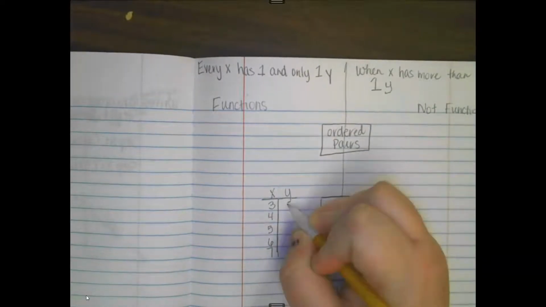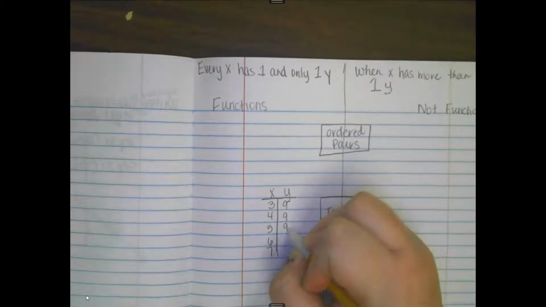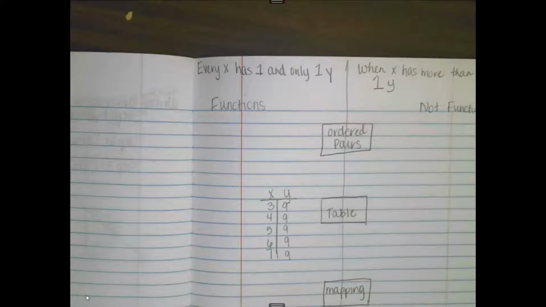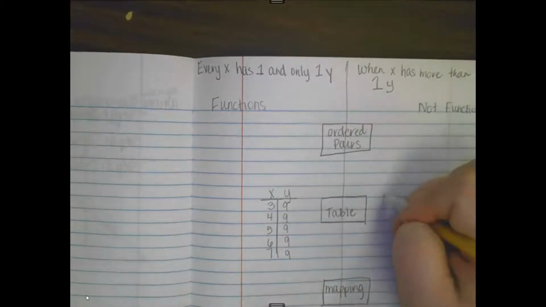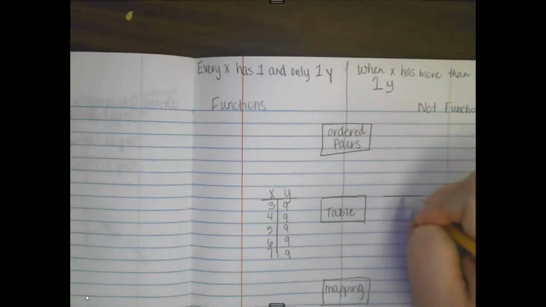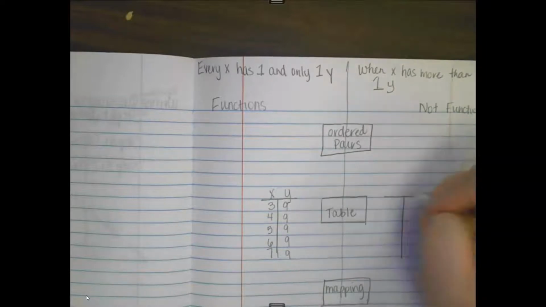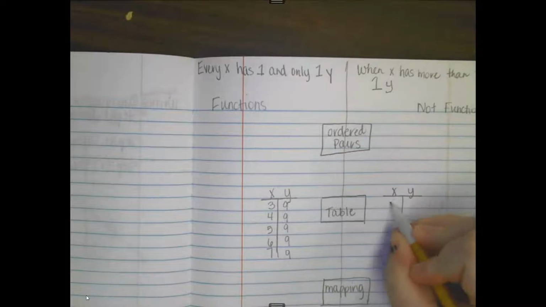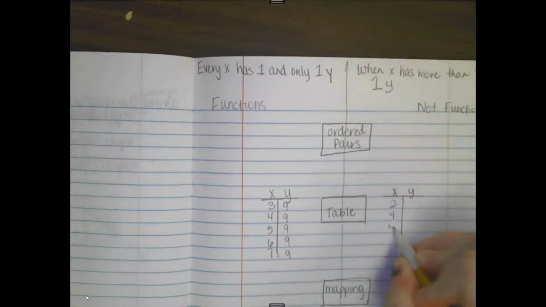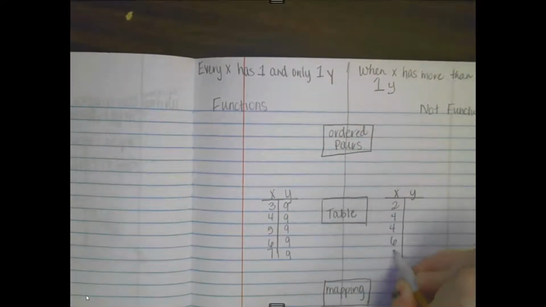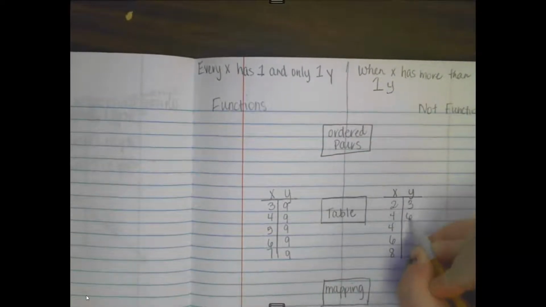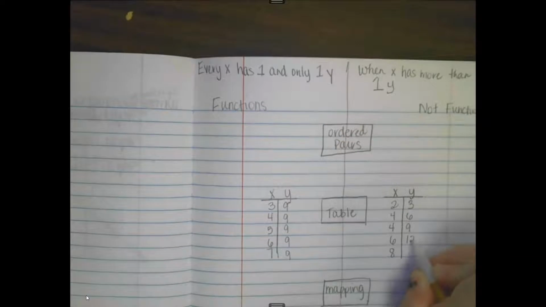And on the y side, I'll put all 9s. And on the not function side, I'm going to put another T-chart table. And I'm going to put 2, 4, 4, 6, 8. Yes, there are two 4s. And then 3, 6, 9, 12, 15.